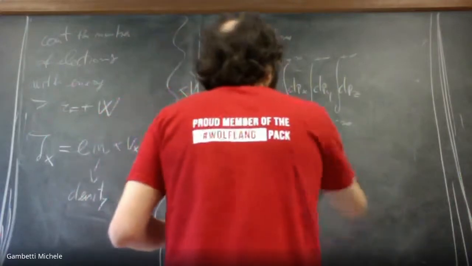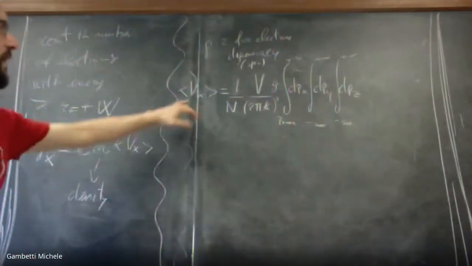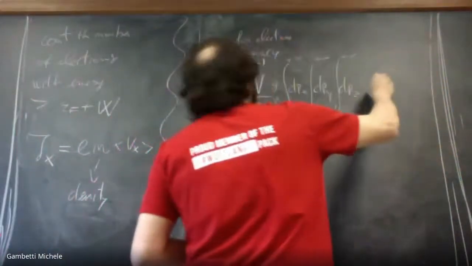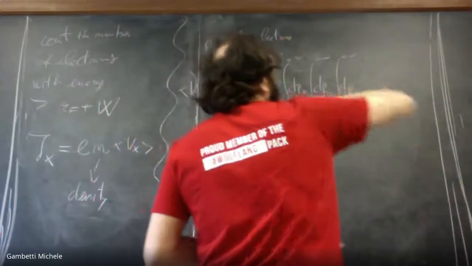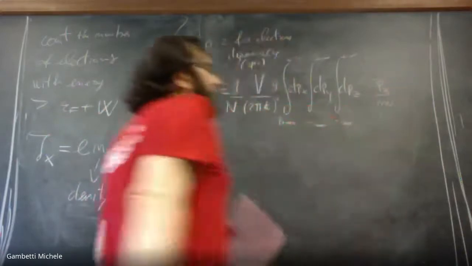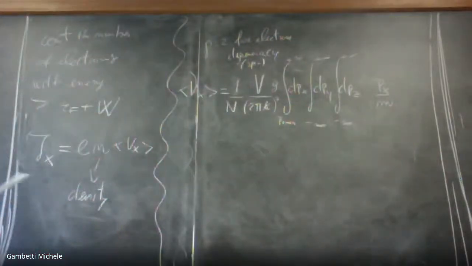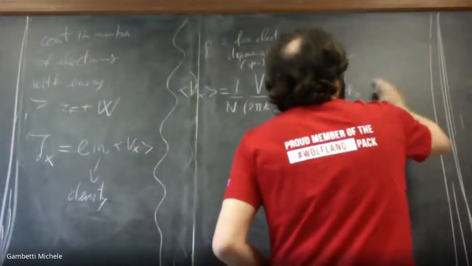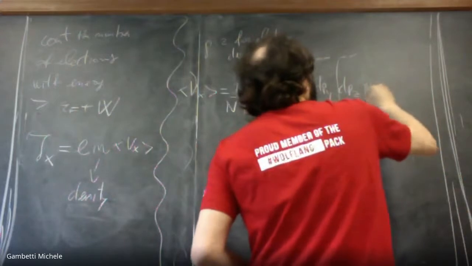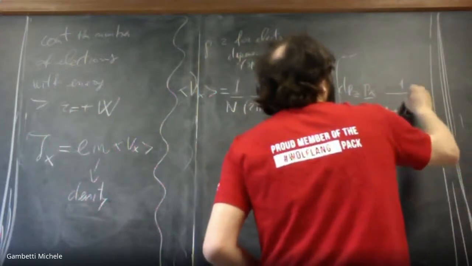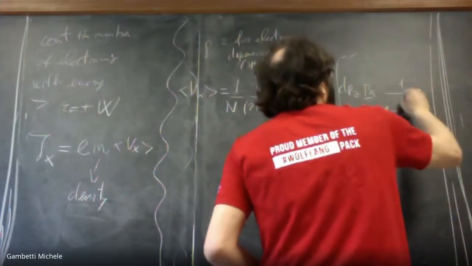Now here you have to put, I'm computing the average velocity, so I need to take the function, which is the velocity in the x direction, which is px divided by m. And of course, now I have the occupation number, which in a Fermi-Dirac will be 1 plus e to beta.